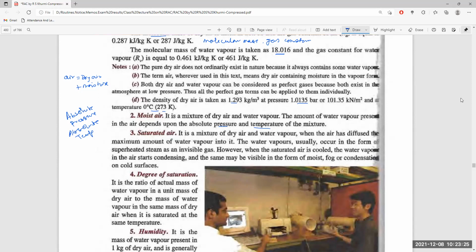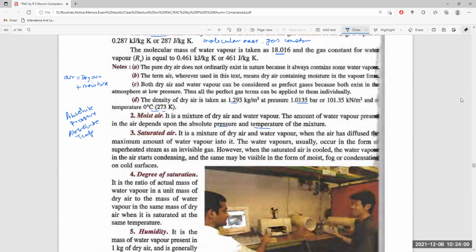The water vapor occurs in the form of superheated steam. When the saturated air is cooled, the water vapor in the air starts condensing, and the same may be visible in the form of moist fog, or condensate on cold surfaces.